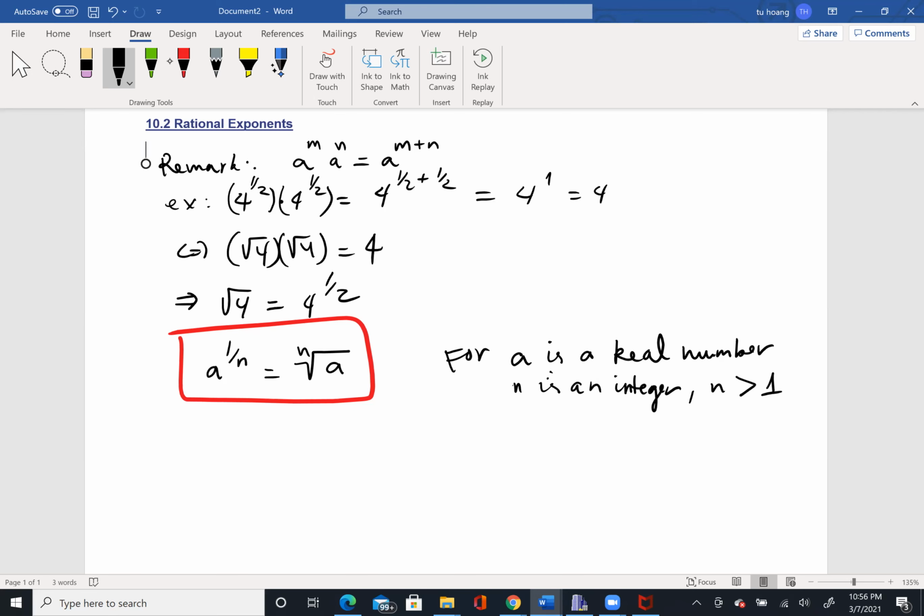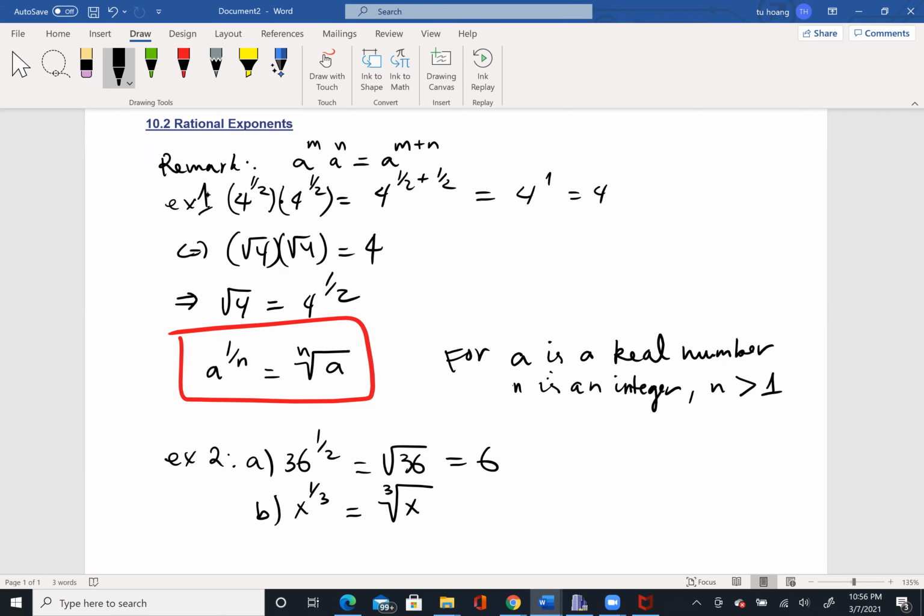So let's do some examples. Here's example 2. A, 36 to the power 1/2 will be square root of 36, equal to 6. Easily, right? B, I have x to the power 1/3, which can be rewritten as the third root of x.